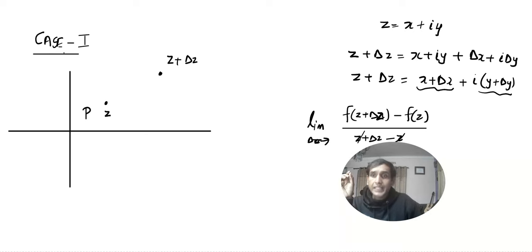Now, in case 1, I am going to come nearer and I am going to call this point Q. Imagine Q is approaching P. Q is approaching P means the distance between z and z plus delta z will be very, very small. That means delta z will be tending to 0.